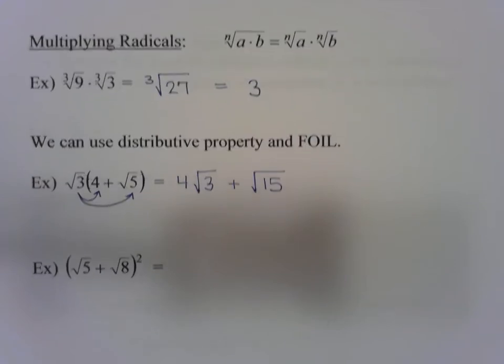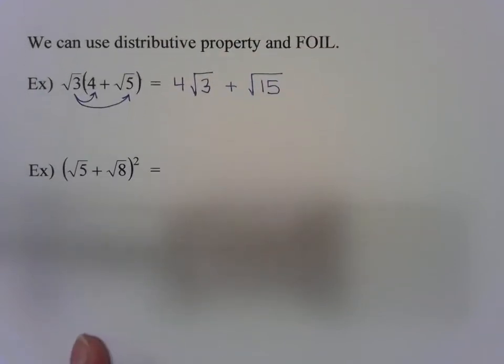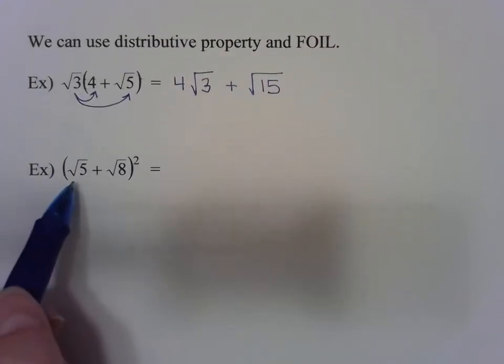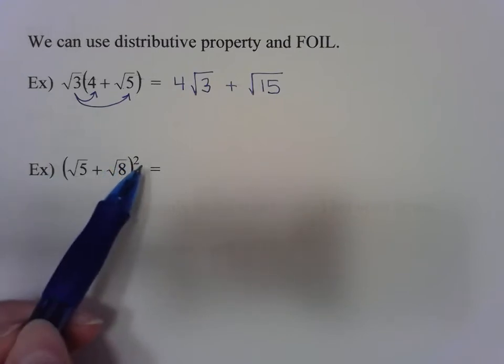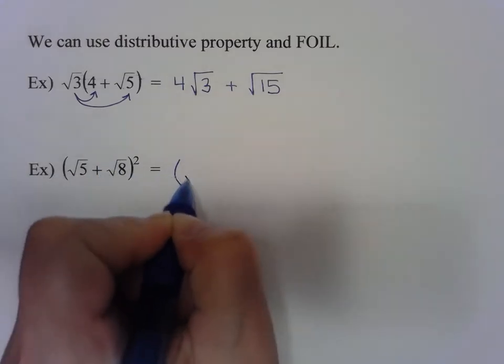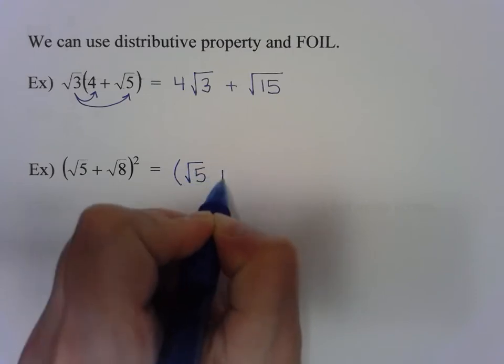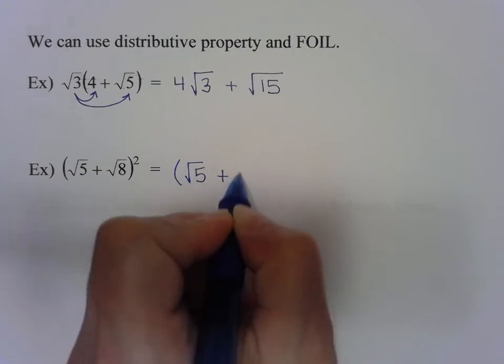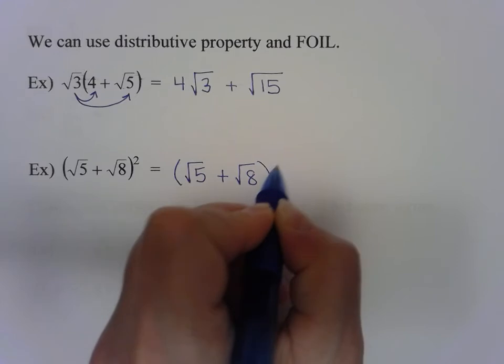Okay, we can also use FOIL to multiply with radicals. As tempting as it is, we know that we cannot distribute the square to each part. We have to use FOIL to do that. So we would want to draw out 2 copies of the square root of 5 plus the square root of 8.